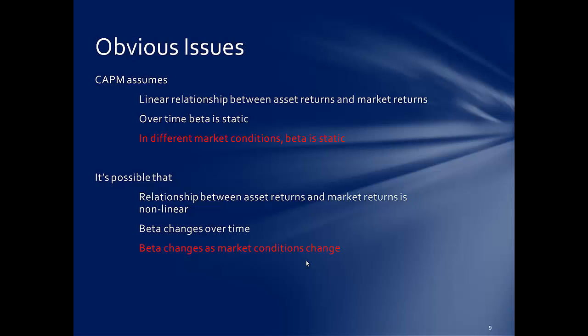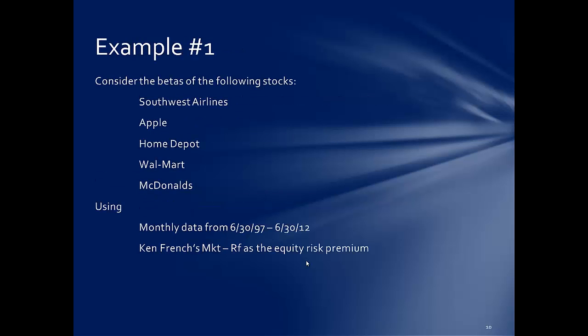Let me just give you a couple of examples to try to show you these issues with the capital asset pricing model. Example number one, consider the betas of the following stocks: Southwest Airlines, Apple, Home Depot, Walmart, and McDonald's. I'm using data from June 30th of '97 to June 30th of 2012, and I'm using Ken French's market minus the risk-free rate as the equity risk premium.